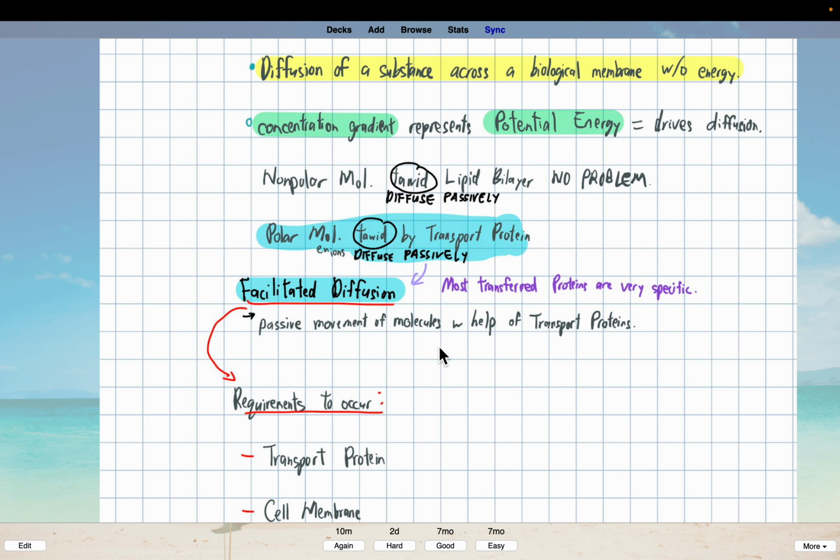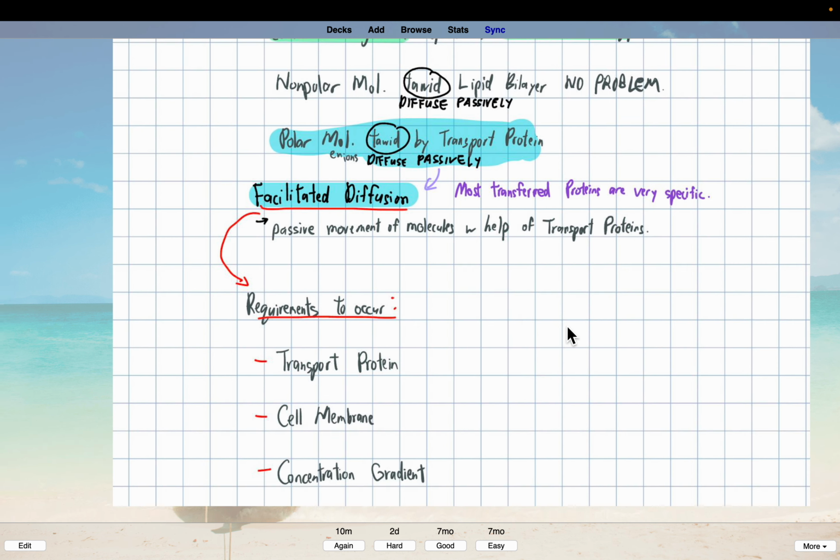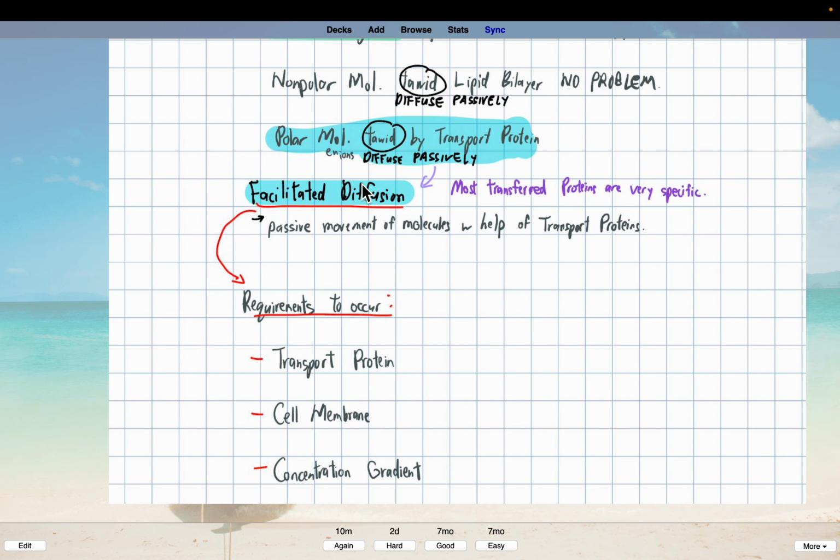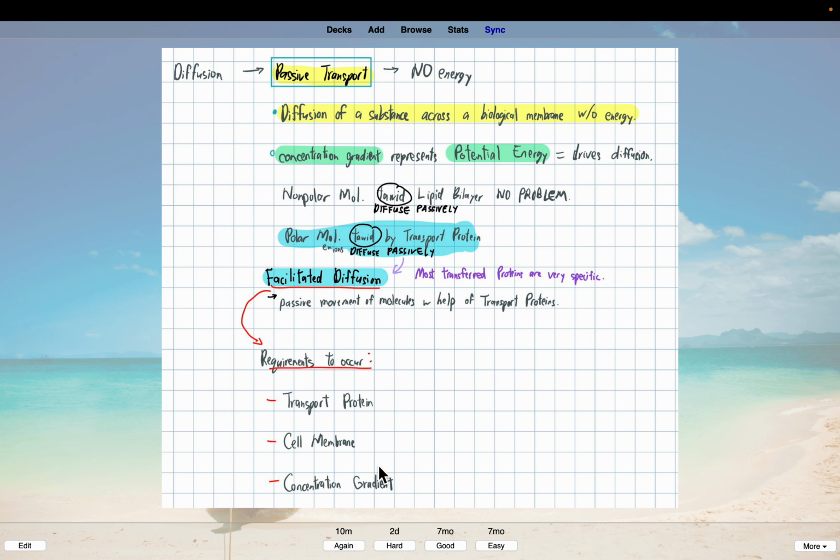It's the passive movement of molecules with the help of transport proteins. Most transport proteins are very specific. That's something you'd want to note. What are the requirements for facilitated diffusion to happen? There is a transport protein, there's a cell membrane, and there is a concentration gradient. Without any of these, facilitated diffusion will not happen.